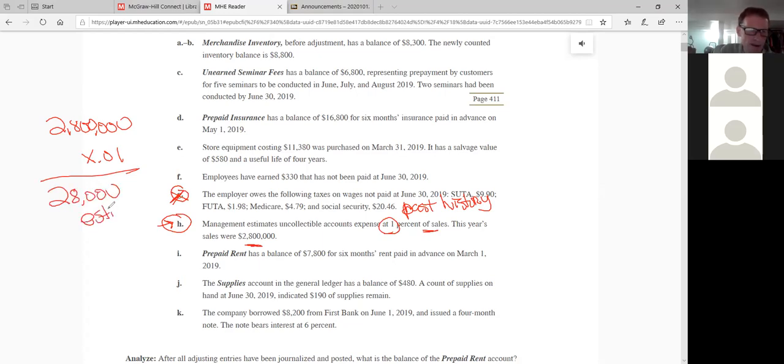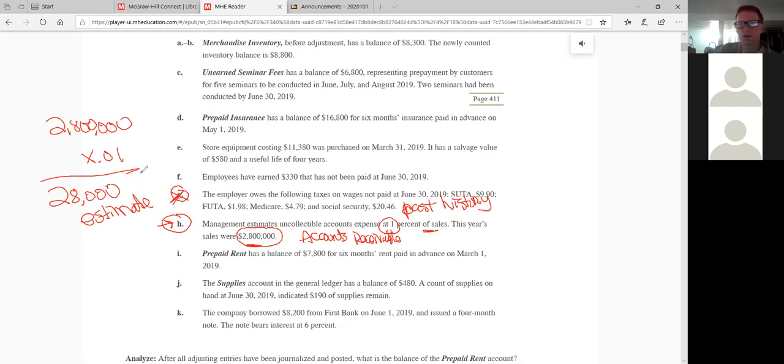That would be your estimated bad debts. In other words, this 2.8 million is currently what is in accounts receivable from those sales. And if you're wondering, the answer is yes. We are estimating that we're going to lose $28,000. From these particular customers, for whatever reason, will not pay us.